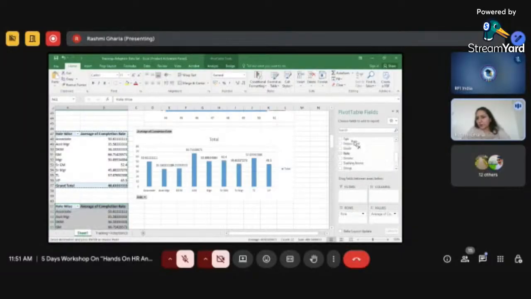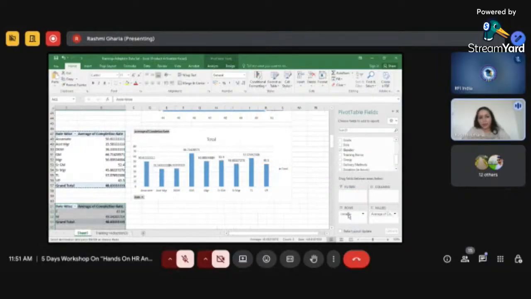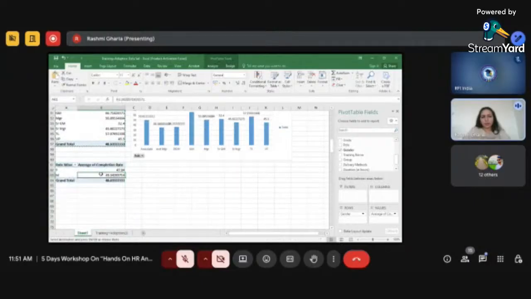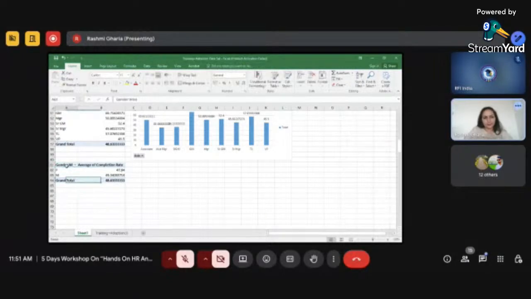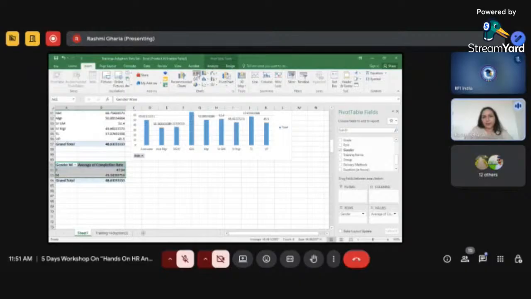Now, I want to see, is there any difference in the training adoption gender-wise? It is almost similar, right? Both male and female, the adoption rate is almost similar, showing slightly less in the case of female.